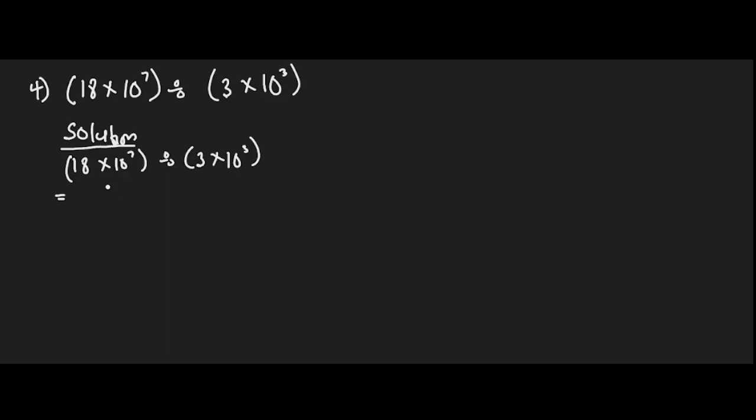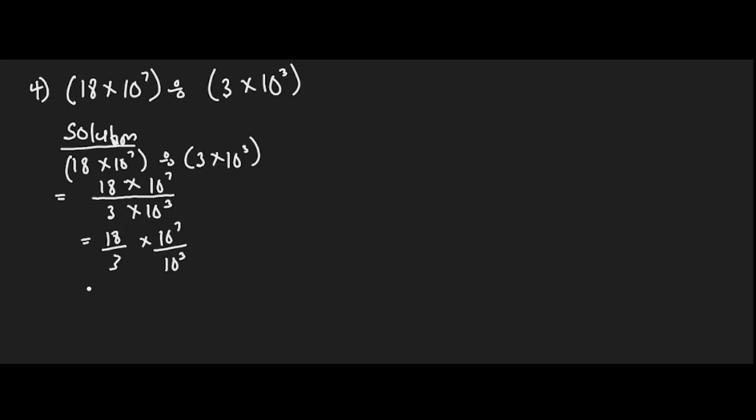If you agree with me, this is the same thing as 18 times 10 raised to power 7, all over 3 times 10 raised to power 3. You also agree with me that we can split this as 18 over 3 times 10 raised to power 7 over 10 raised to power 3.